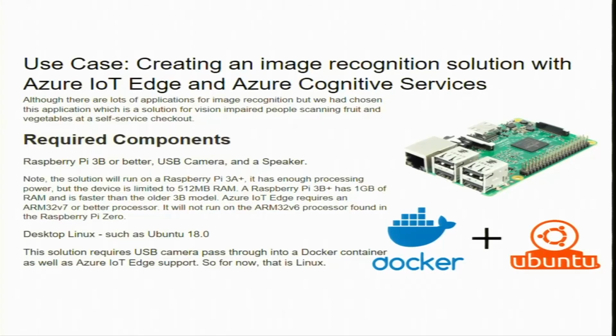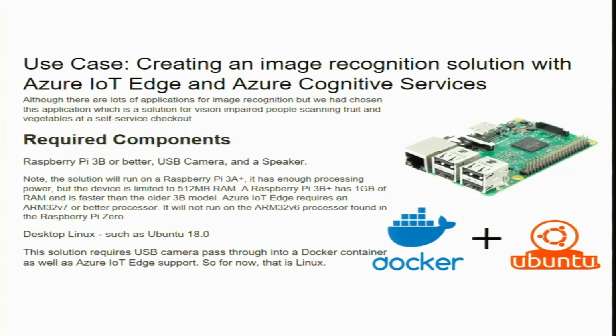So, the topic is to create an image recognition solution with IoT Edge and Azure services. You can see that a lot of applications use image recognition, and such applications need a vision-based solution, such as scanning fruits for quality, classifying them into medium quality, low quality or high quality, and vegetables.